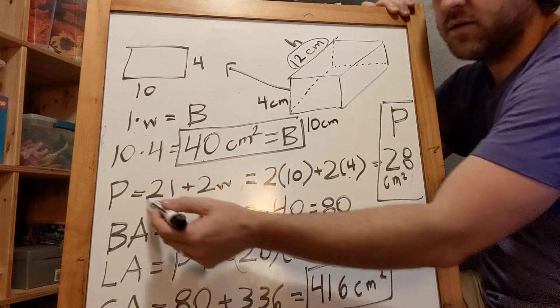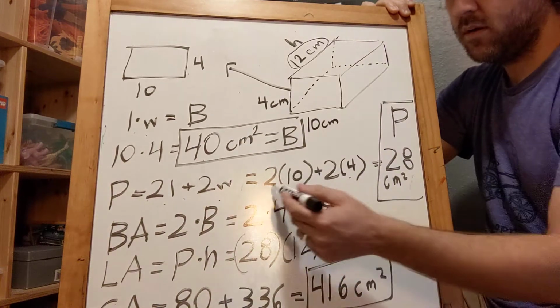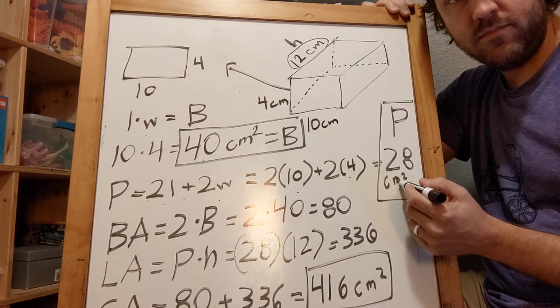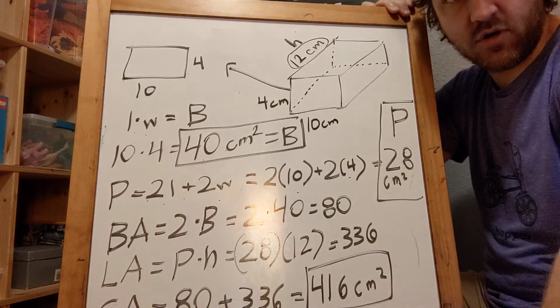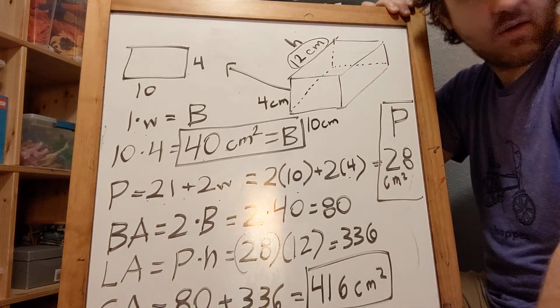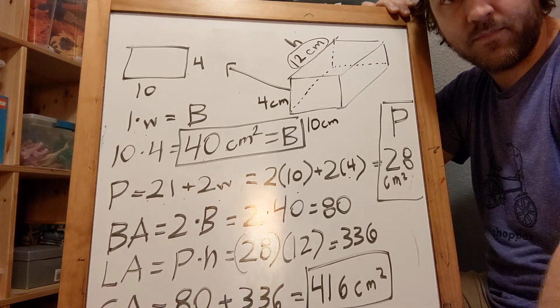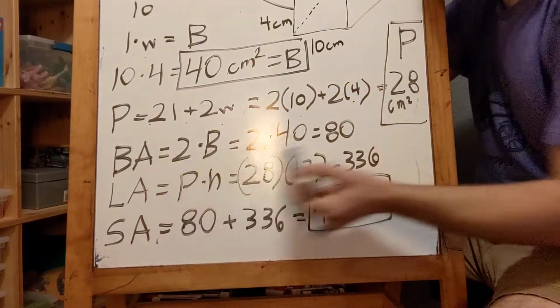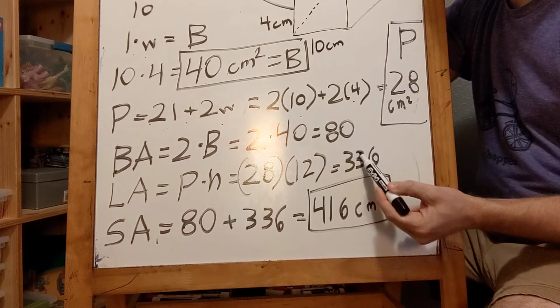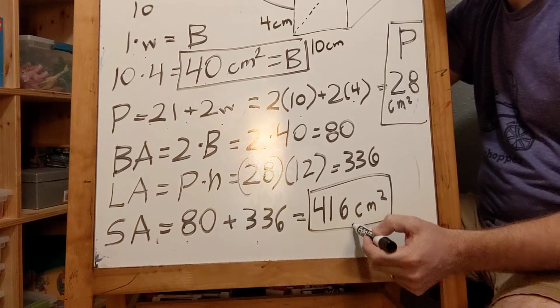Then we found the perimeter, 2L plus 2W, 28. Then I put those into the formulas that you have on your notes page. The Prism notes is the one I'm talking about. And then I plugged that in, got these answers, added the answers to find the surface area.